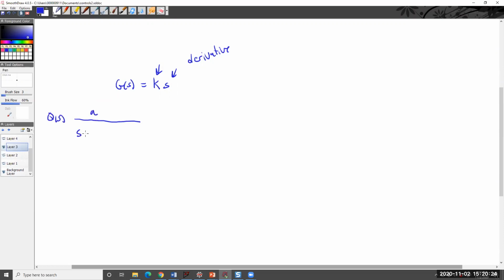We have a s minus b plus ks a. Well, this is a function of k, a function of s, and so is this. So really, we get a (1 plus k) s a minus b.